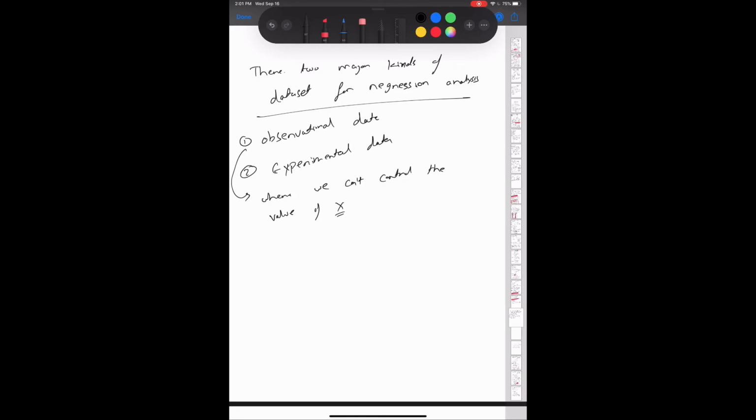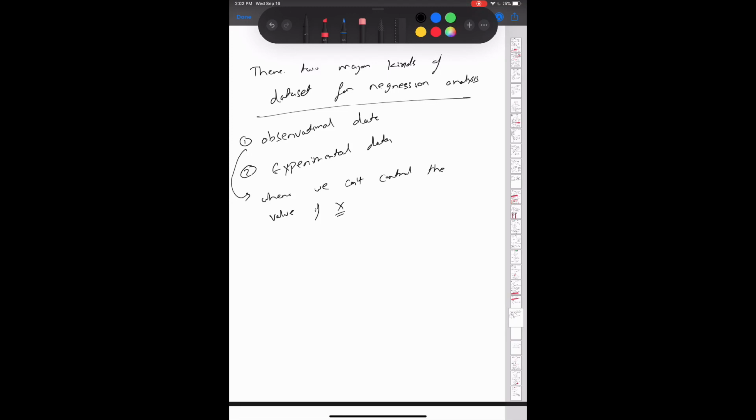Maybe for ethical reasons, maybe the data was collected before and we had no hand in collecting it, or maybe other things happened, and that's why we couldn't choose the value of x that we want. So I can't say, go find the height of people who are aged 17, and then 18, and 18 and a half, and 18 and 3/4, and so forth.